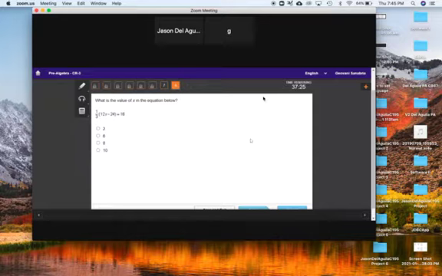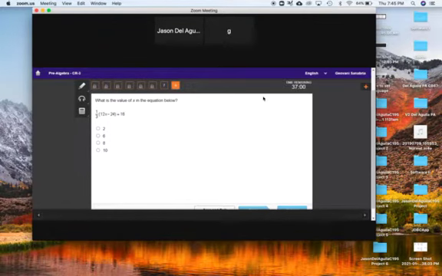All right. What is the value of x in the equation below? How would you want to start solving this? Tell me what you're thinking right now. I would do the 1/3. Okay, what do you do to that first?